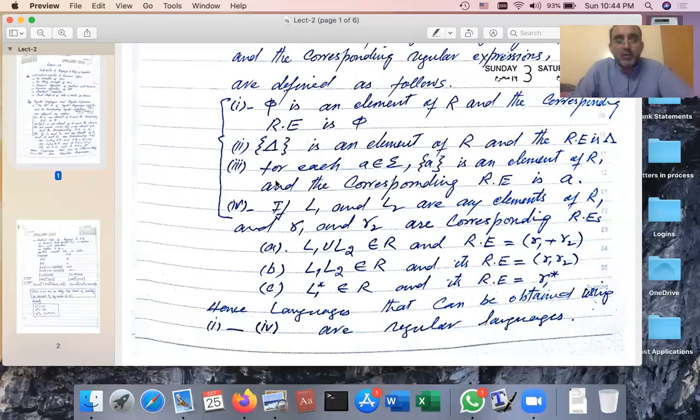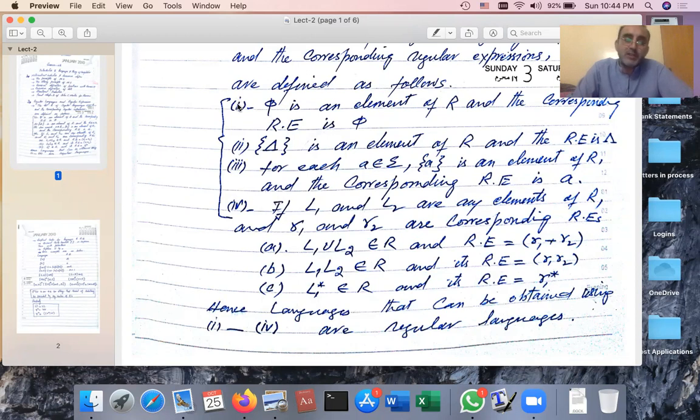So after reading all these conditions, now we can say that languages that can be obtained using 1 to 4 are regular languages.